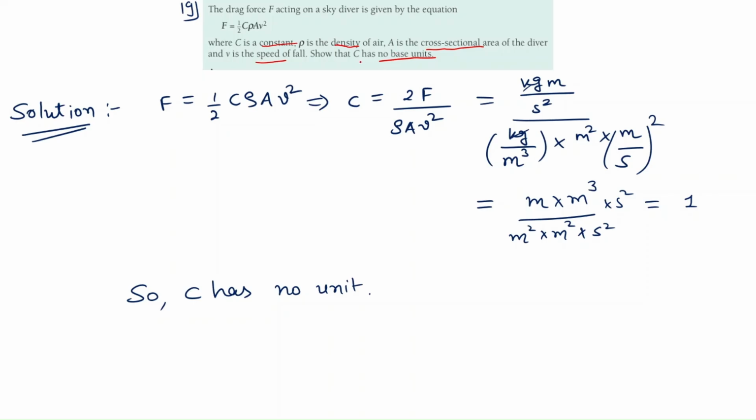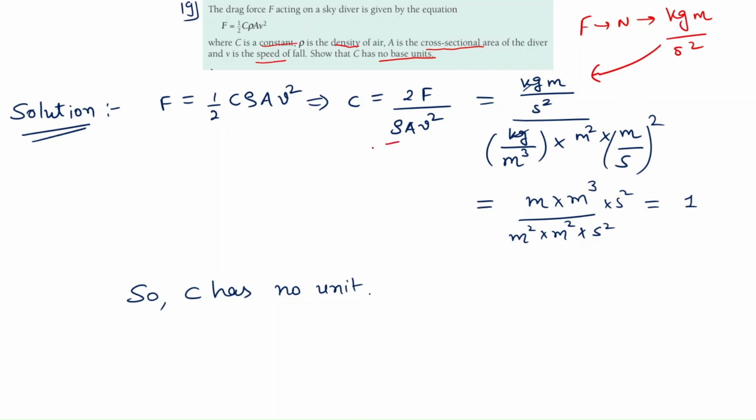In this question, we have to prove that C has no base units. For that, we write this equation and make C the subject, and we get C equals 2F upon rho A V square. Now, we know force has the unit Newton, which is kilogram meter per second square. Substitute here.